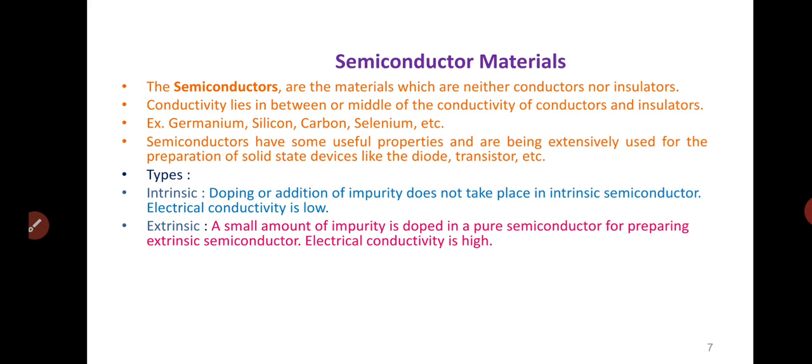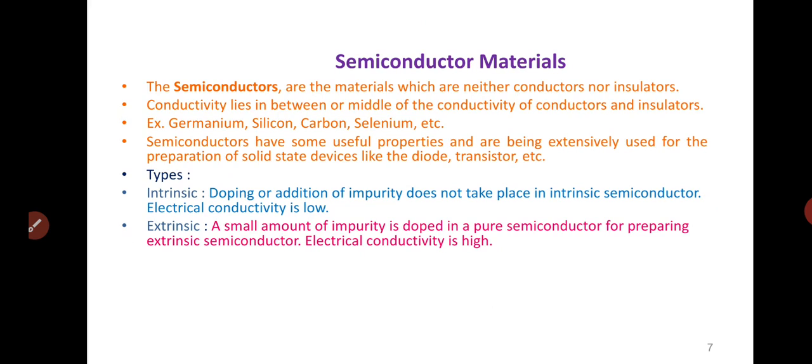Germanium, silicon are the intrinsic type of semiconductors, means no doping of impurities in this semiconductor. Doping means the addition of impurities in the semiconductor, that method is called doping.